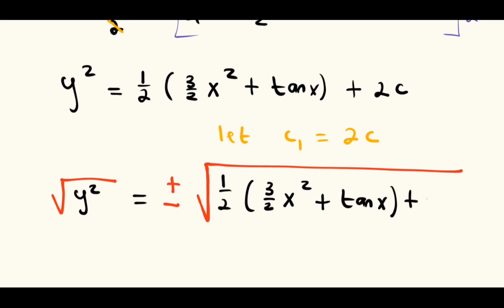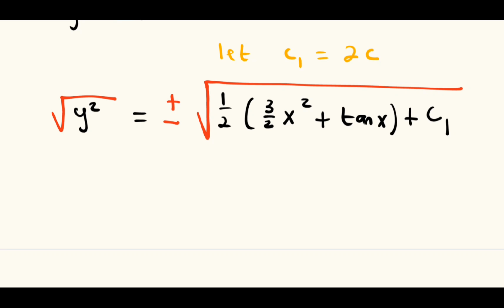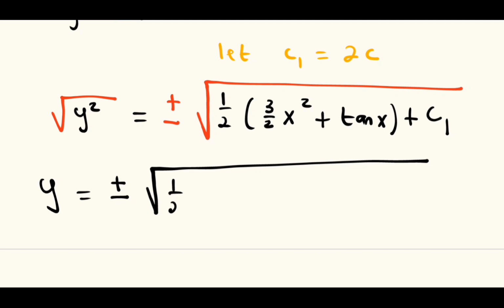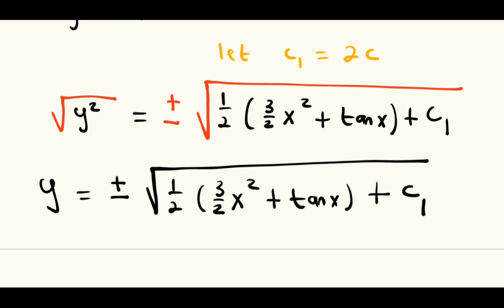So in the place of that 2c, we substitute c1. So y will be equal to plus or minus the square root of 1 over 2 into 3 over 2 x squared plus tan x plus c1.